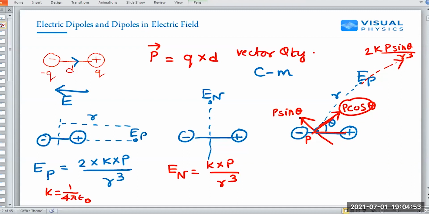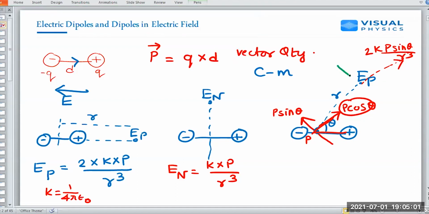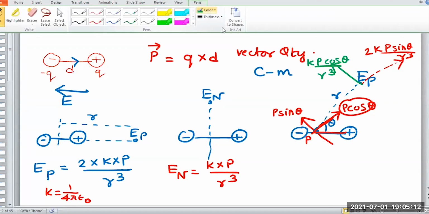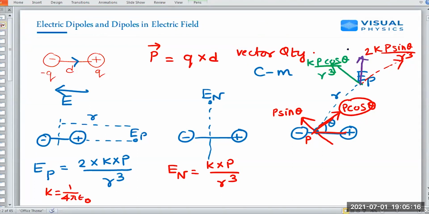And for P sin theta, this point is lying on its equatorial line, so I can write it as K P sin theta by R cube. So my resultant of these two will be somewhere like that, net, making an angle alpha.